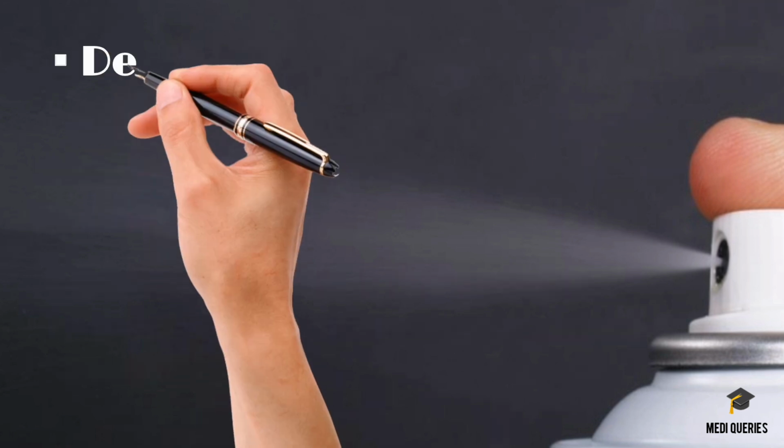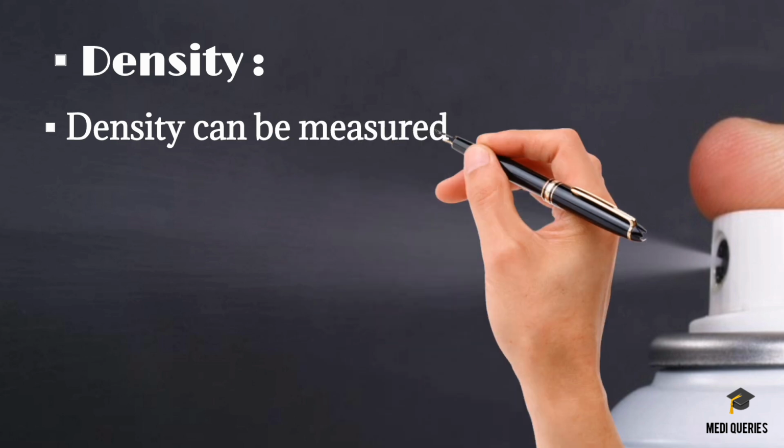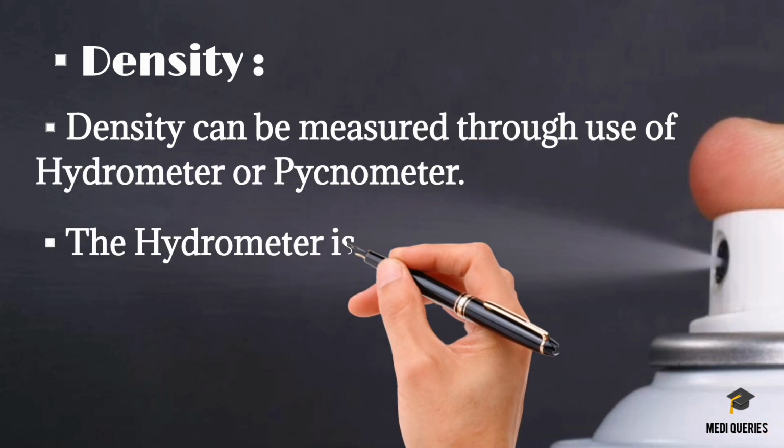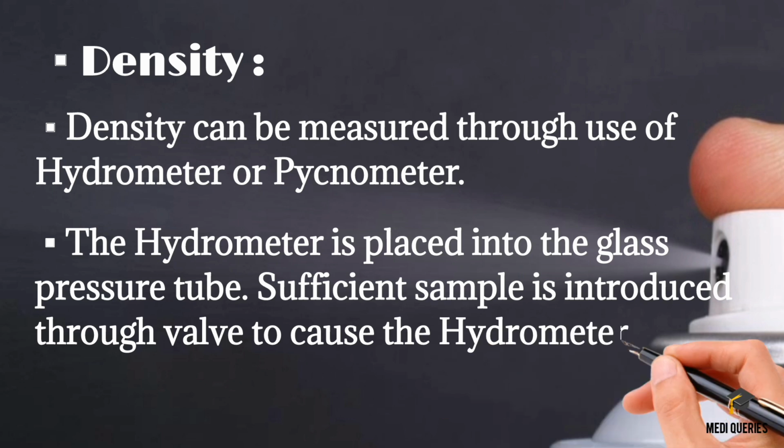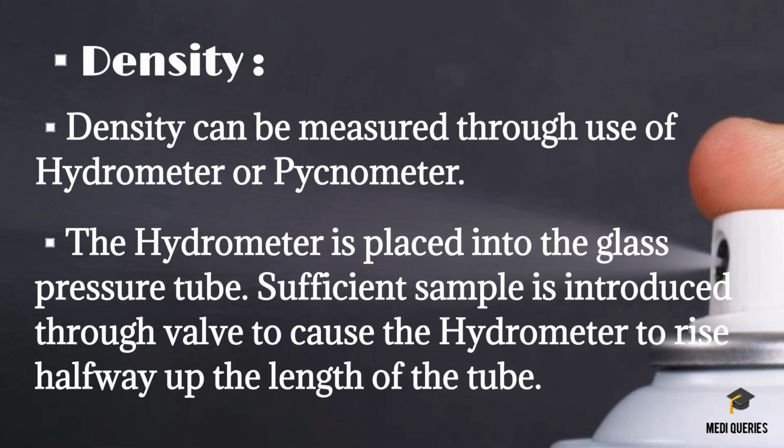And the next test is the density determination test. The density of an aerosol system may be accurately determined through the use of a hydrometer or a pycnometer. These methods, which have been used for the density of non-aerosols, have been modified to accommodate liquefied gas preparations.